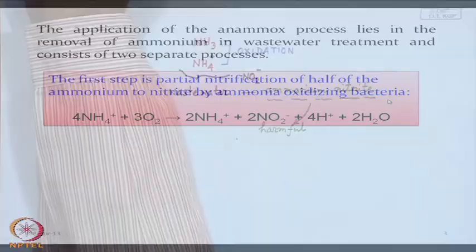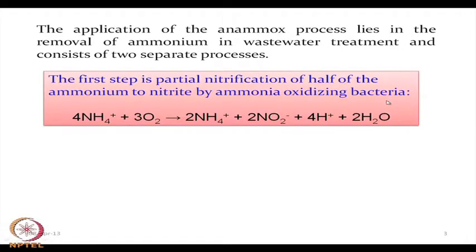So, this is a bacterial reaction, and in that particular case the ammonium ion is simply oxidized by the dioxygen molecule, but this oxygen is coming from some aerobic condition. So, it is not a typical anaerobic condition.